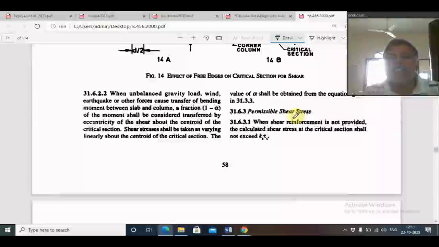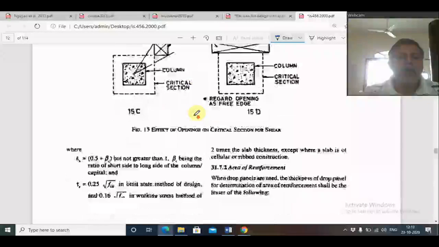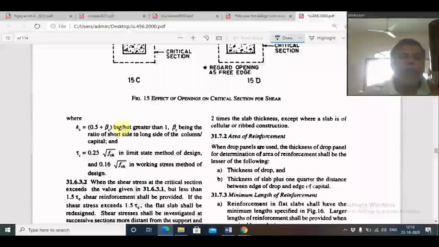The permissible shear stress without shear reinforcement is Ks into tau c, where Ks equals 0.5 plus beta c, but it should not be greater than 1 in any case, where beta c is the ratio of the short side to long side of the column or capital. Here we don't have a column capital, therefore we calculate the ratio between short side and long side of the column. 500 by 500 is 1, 0.5 plus 1 is 1.5.